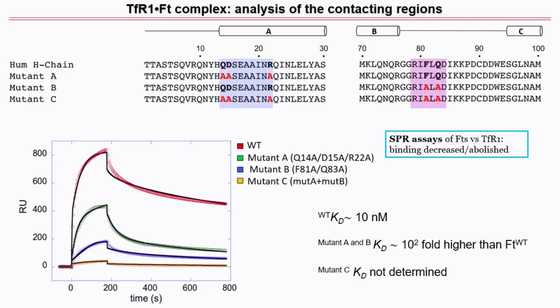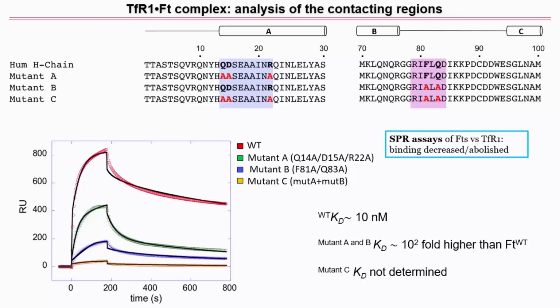And this is the wild type, 10 nanomolar KD, rather tight contact affinity. And then mutant A, the one in which we changed the residues in the alpha helix, we have a substantially decreased affinity.